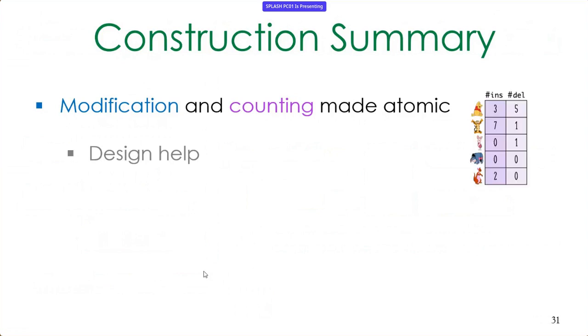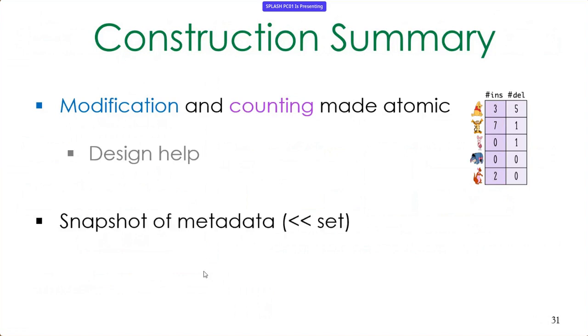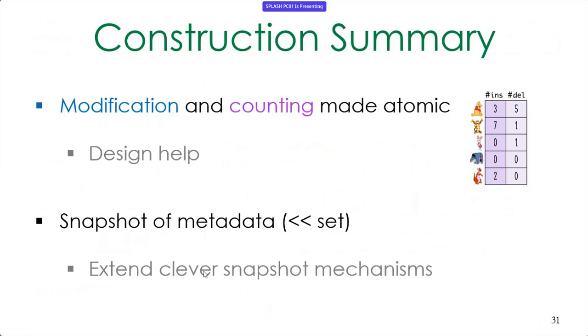We designed the metadata in a way that enables them to count each operation exactly once. And we use the metadata to compute the size by taking a snapshot of the metadata array, which is much smaller than the whole set. And for taking a snapshot, we extend previous solutions for snapshots.